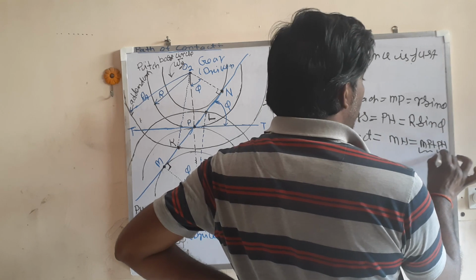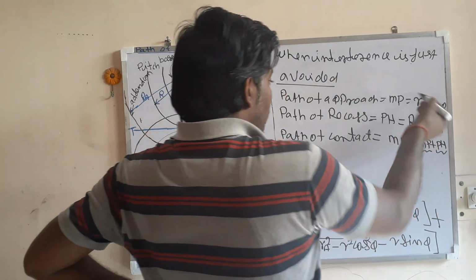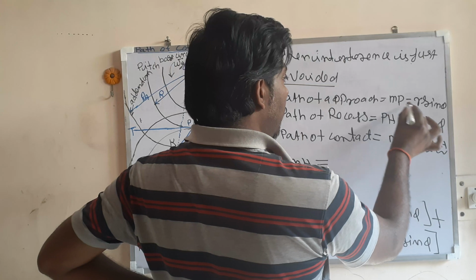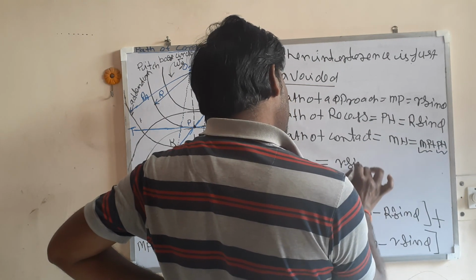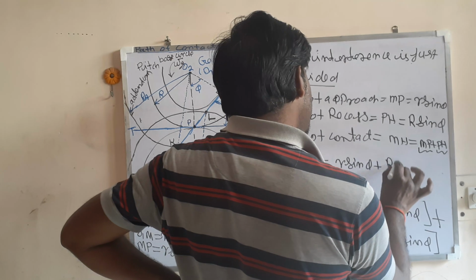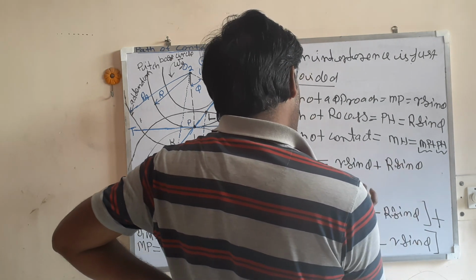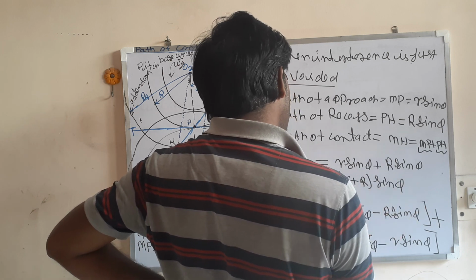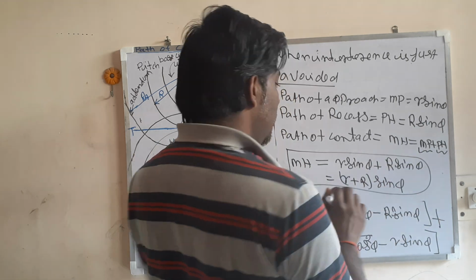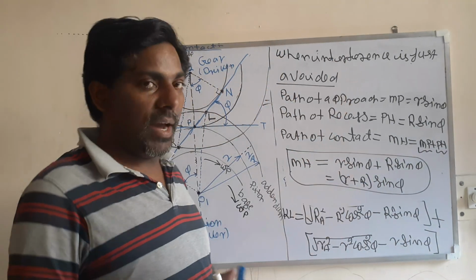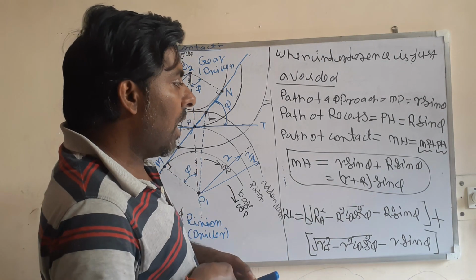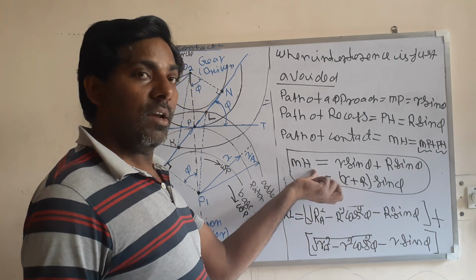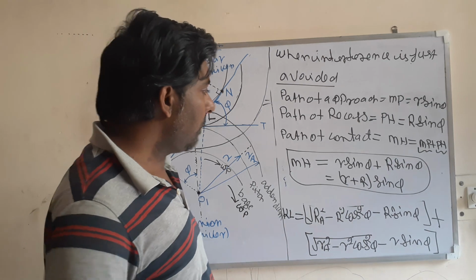This MP is the path of approach and PN is the path of recess. So this MN is equal to MP plus PN, that is small r sin phi plus capital R sin phi, or we can write small r plus capital R, times sin phi. So this is the path of contact when interference is just avoided. Okay, this is for the general condition, and this is the special condition when the interference is just avoided. Okay, thank you very much.